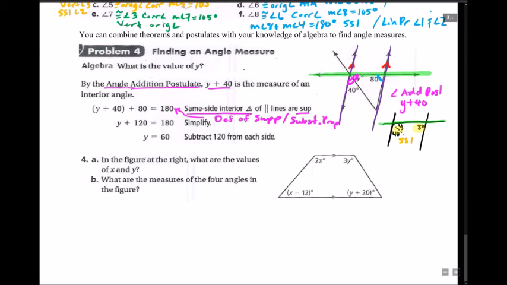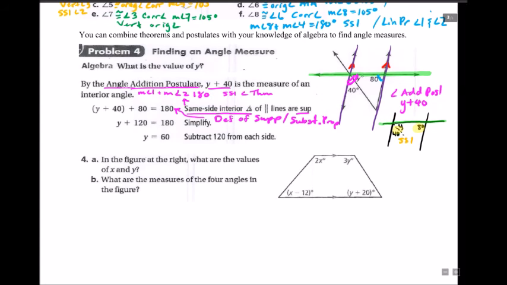There's 3 steps missing here. We would say the measure of angle 1 plus, there's only 1 step missing. Measure of angle 1 plus the measure of angle 2 equals 180 degrees. That's our same side interior angle theorem. Right, that's that.